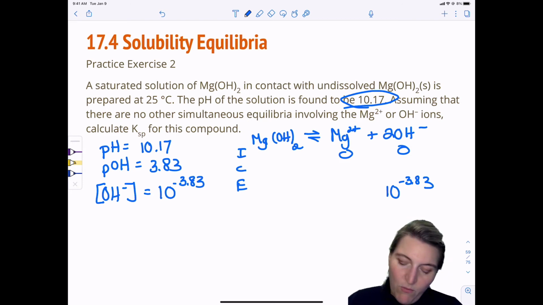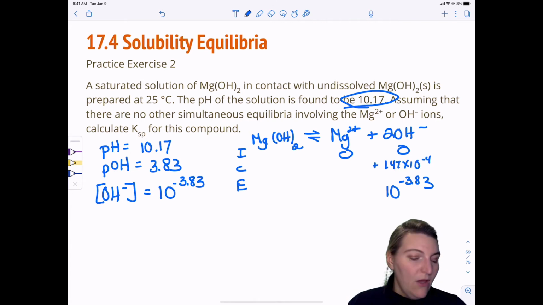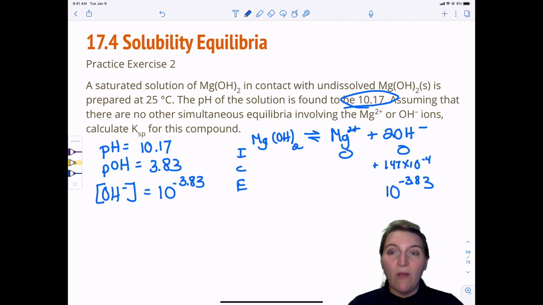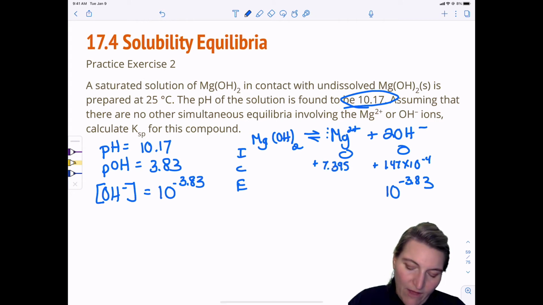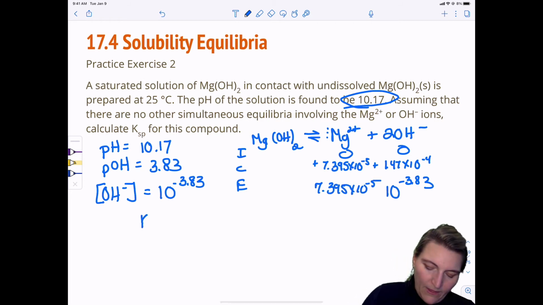I believe it comes out to be 1.47 times 10 to the -4, which means that the magnesium must have also gone up. But again, look at the coefficients here. It must have gone up by half as much. So magnesium must have gone up by 7.395 times 10 to the -5, for 7.395 times 10 to the -5.